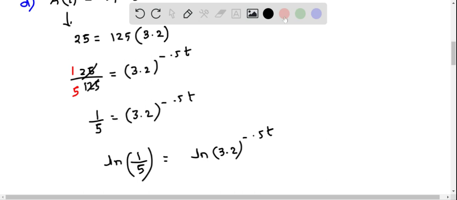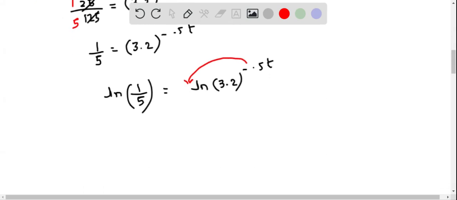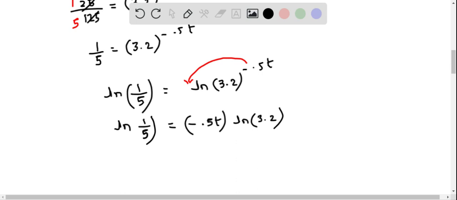And when we apply the power rule of natural logarithm, this power comes in front and gets multiplied with natural logarithm of 3.2. So this is equivalent to writing negative 0.5t times natural logarithm of 3.2. This side we have natural logarithm of 1/5.